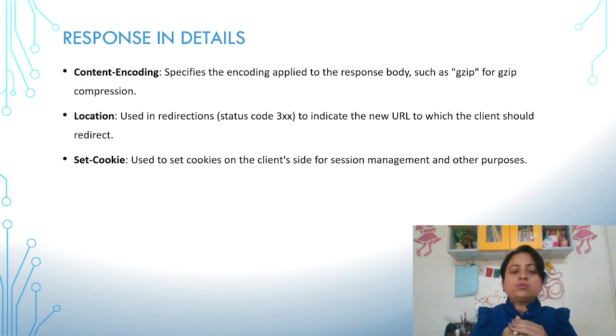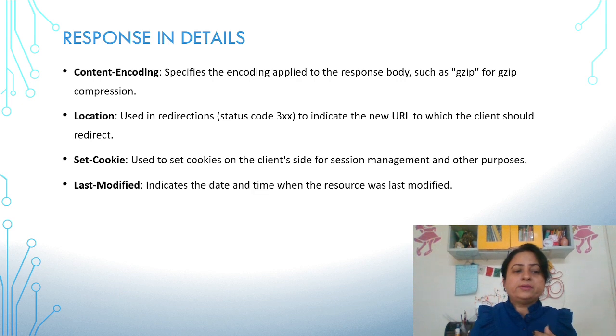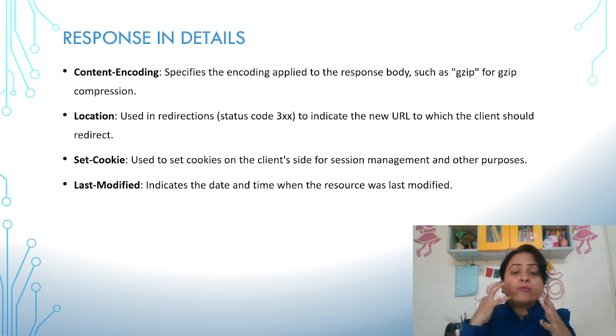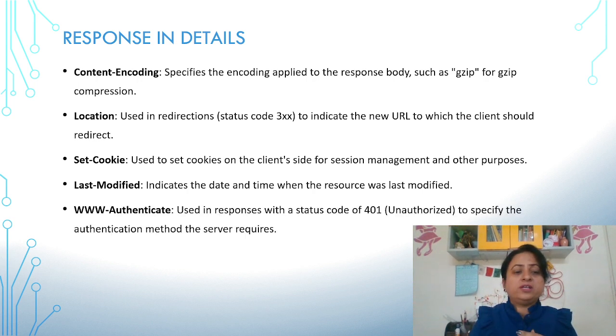Then set cookies. Cookies are set on the client side for session management and other purposes. Whether you want to set it or not depends on your business requirement. Then last modified indicates the time when the resource was last modified. So if I am getting some resource from a remote server, when that resource was last modified is the value of this.